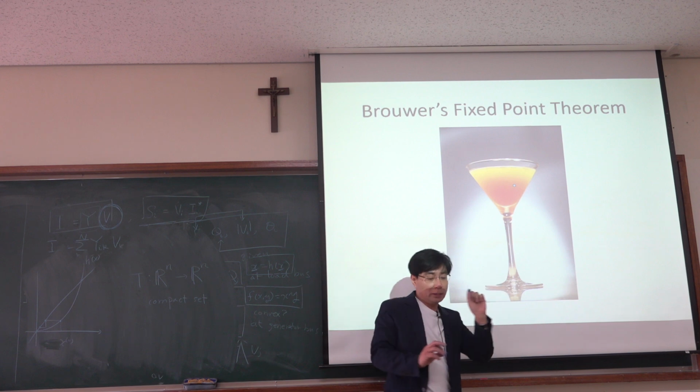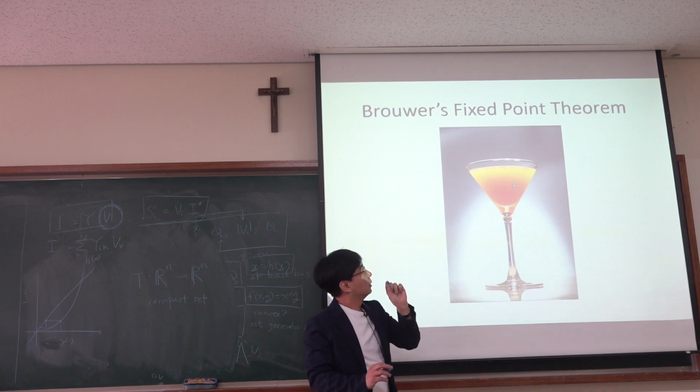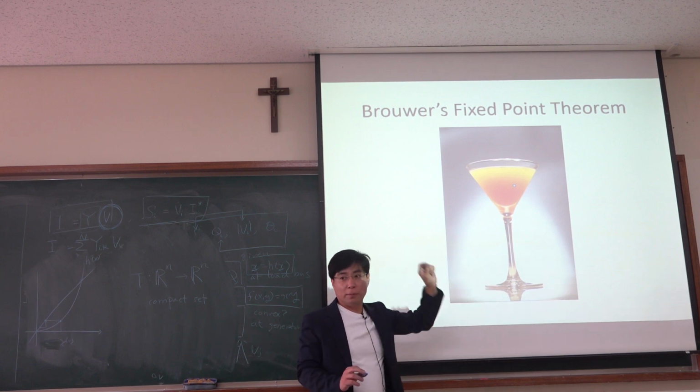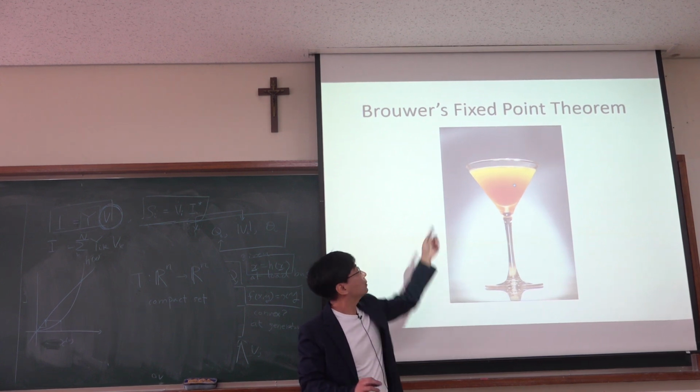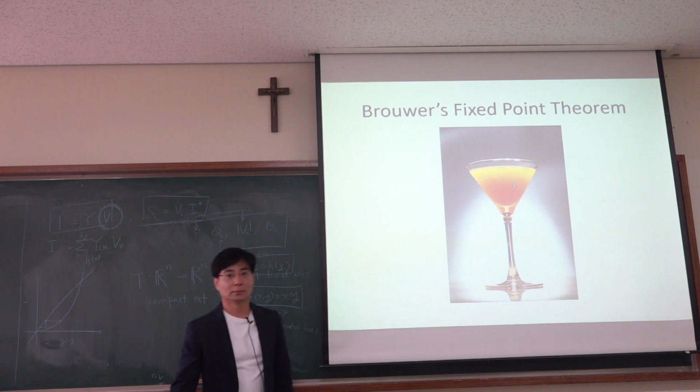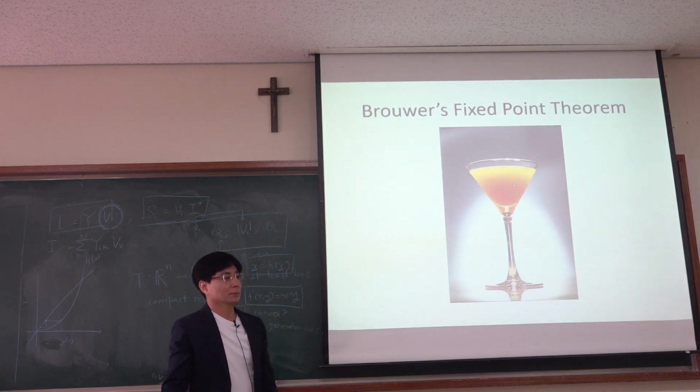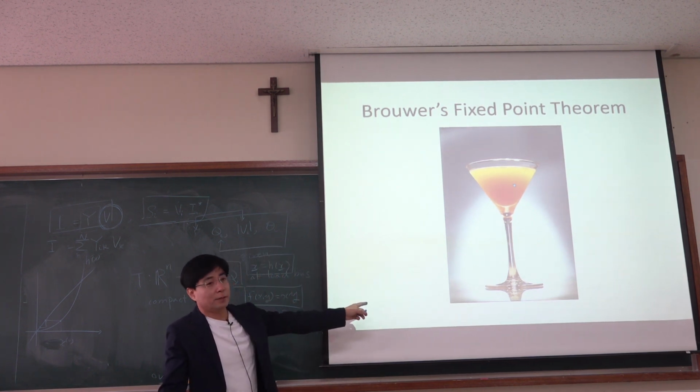Then there is at least one point where the position does not change before and after shaking this cocktail. That is the concept of Brouwer's fixed point theorem. Very clear, right? I borrowed this slide from myself.